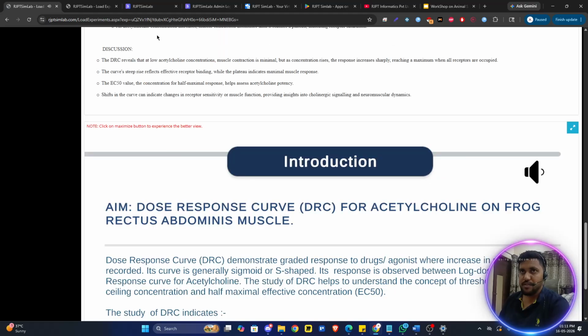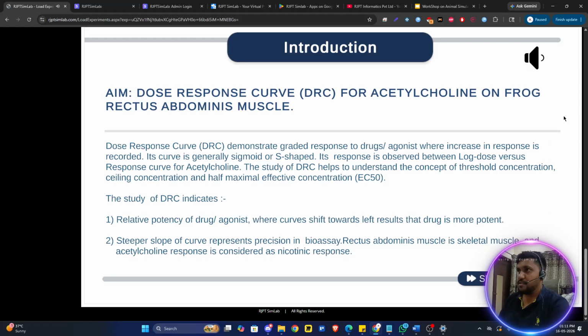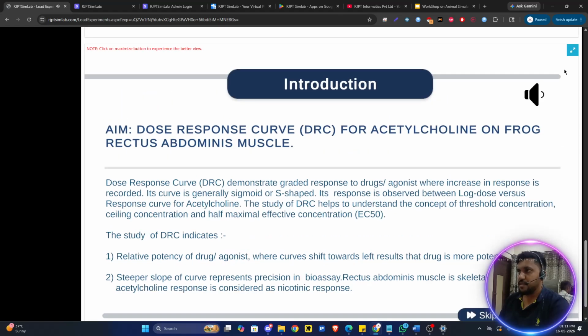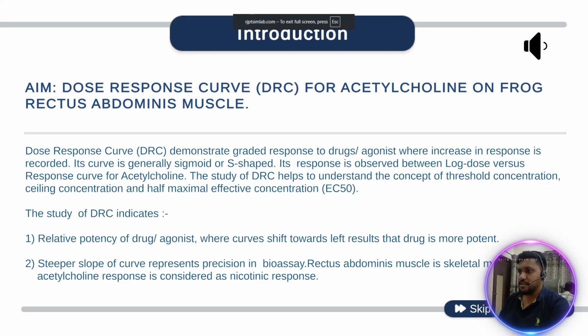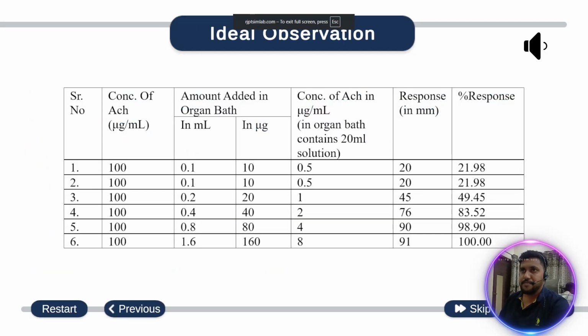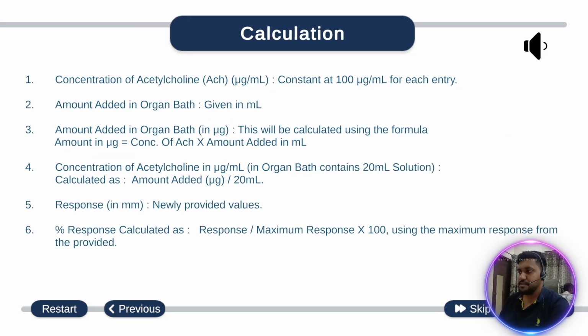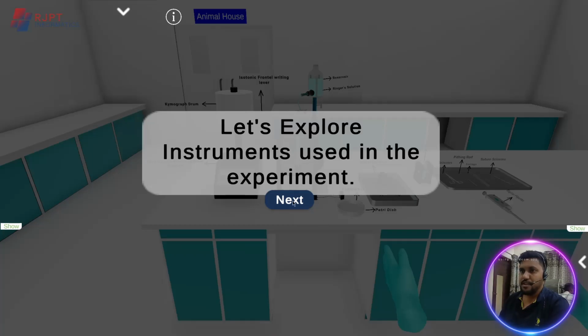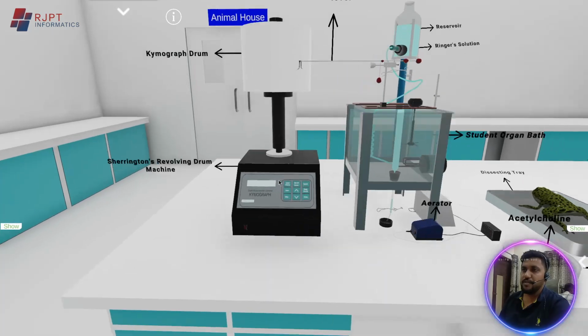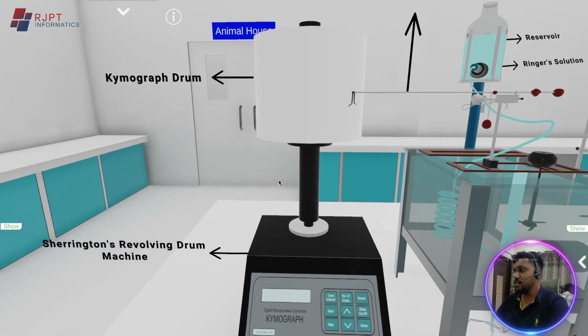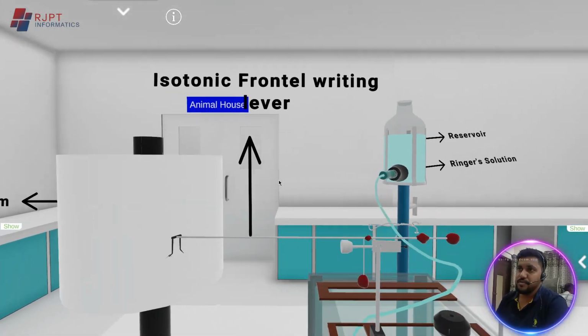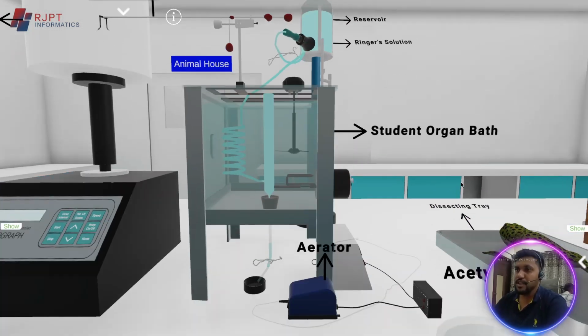Dose response curve, DRC, for acetylcholine on frog rectus abdominis muscle. Dose response curve DRC demonstrates graded response to equipment, principle, procedure, content, calculation. Then the next part is to explore the experiment's content which we are currently using in this experiment.